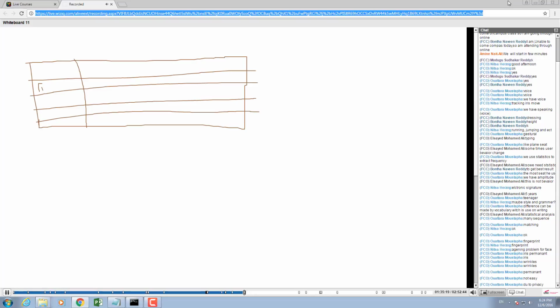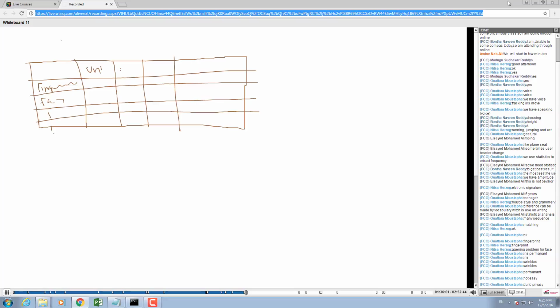And in these tables, what you can find, you have here different modalities, for example, fingerprint, face, and so on. Okay, and here you will have, what can we write here? Tell me.